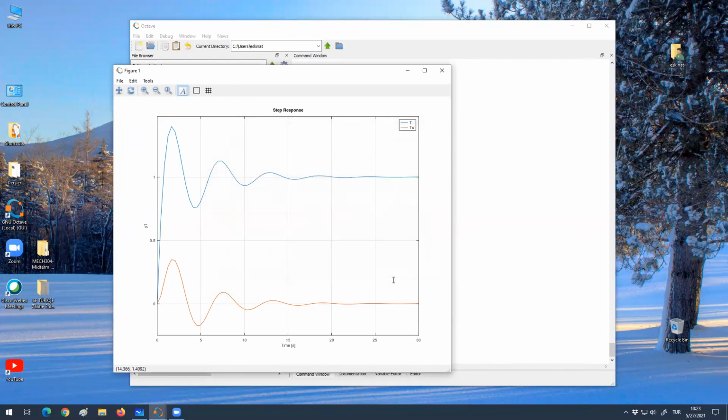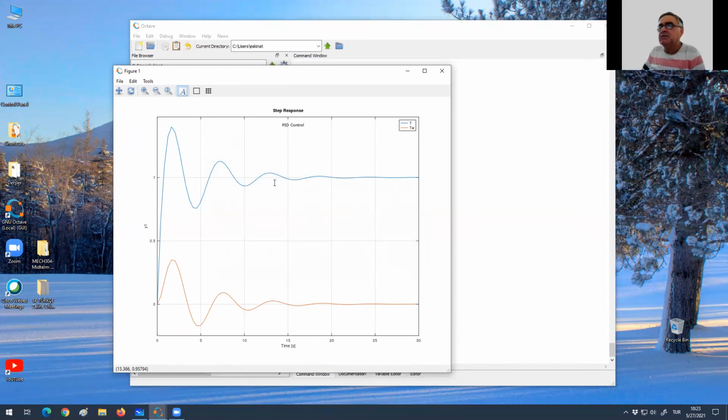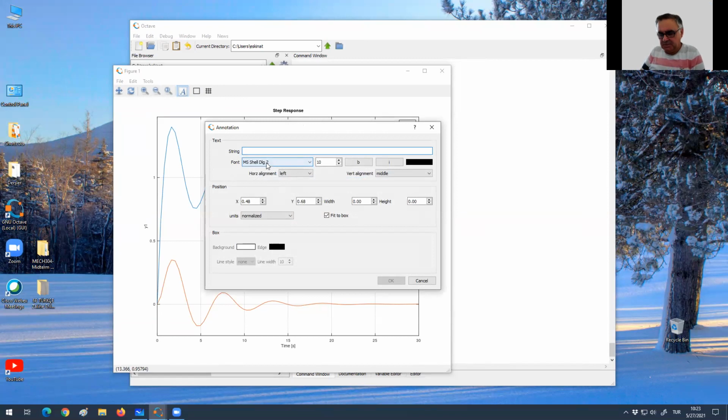This is PID. This is command following, where W of S is 0.